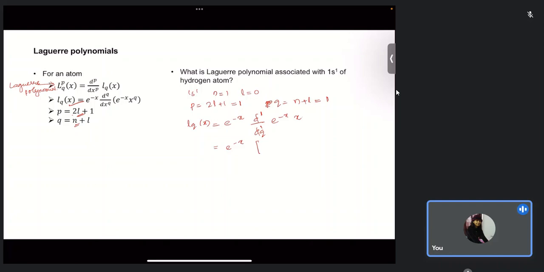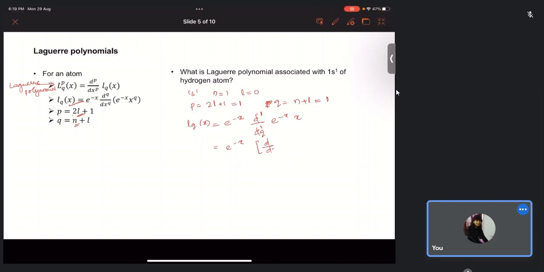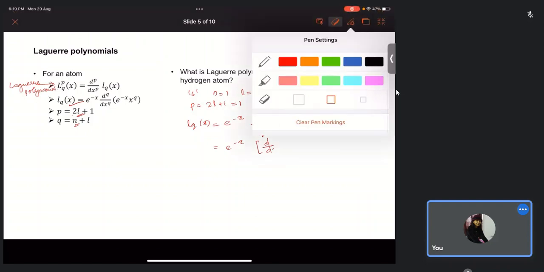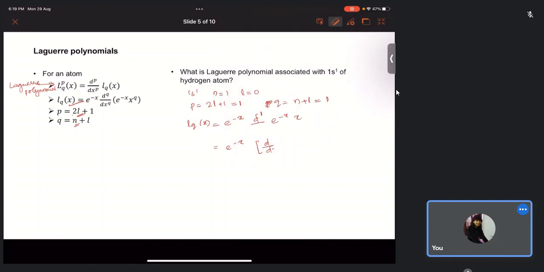So this is d by dx of e raised to minus x multiplied by x, plus e raised to minus x, d by dx of x. That is, derivative of first function into second function plus first function into derivative of second.